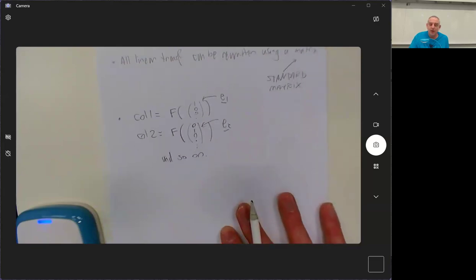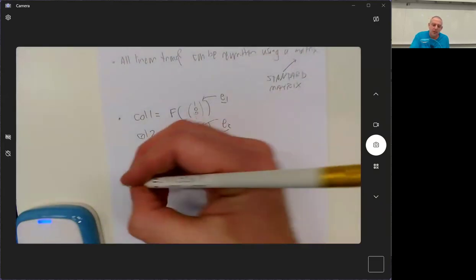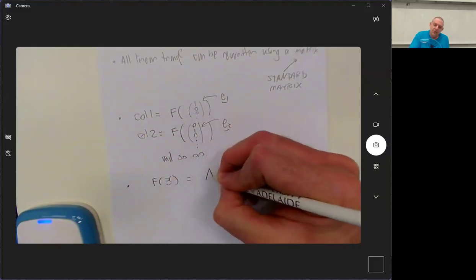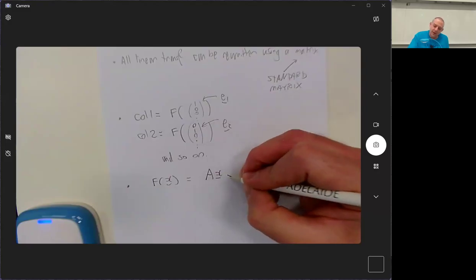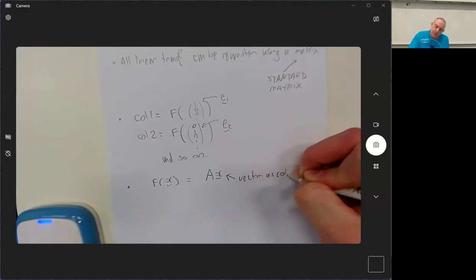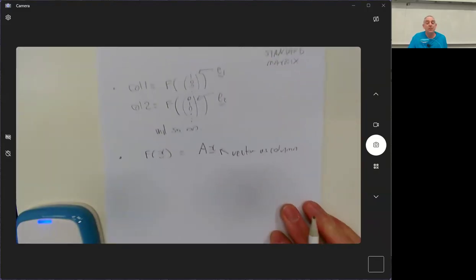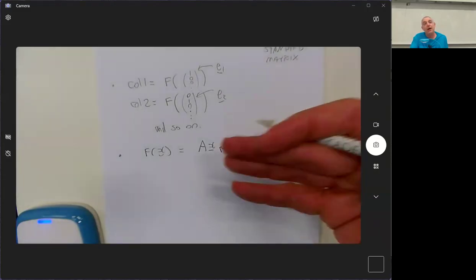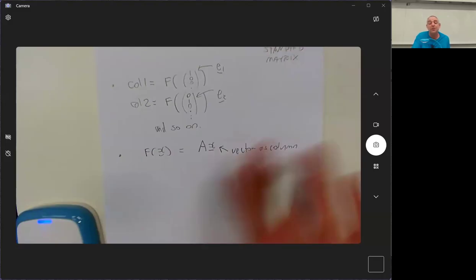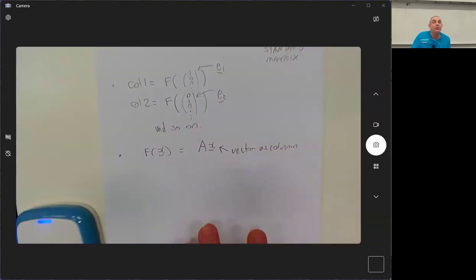And the last thing to tell you, which I should have told you second, is that f of vector x is matrix on the left, vector x on the right, and the vector is a column. It's matrix multiplication with the vector on the right hand side as a column. So you have to treat all the vectors as columns for this to work. Even if your vectors are written as rows in the original story, they have to be written as columns for the matrix to work.